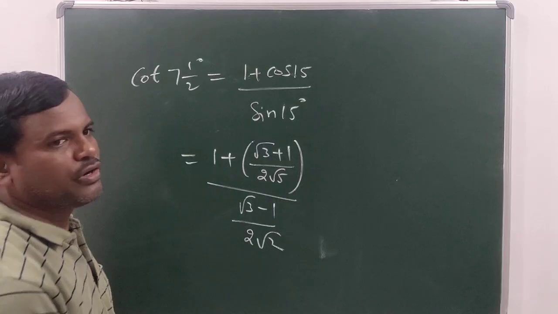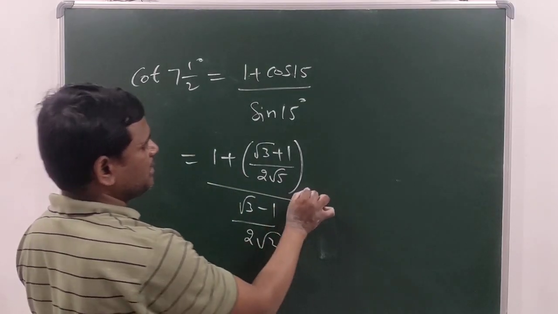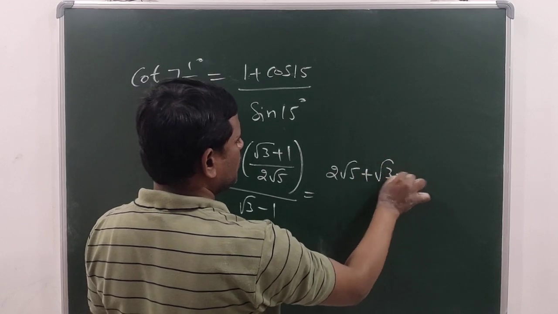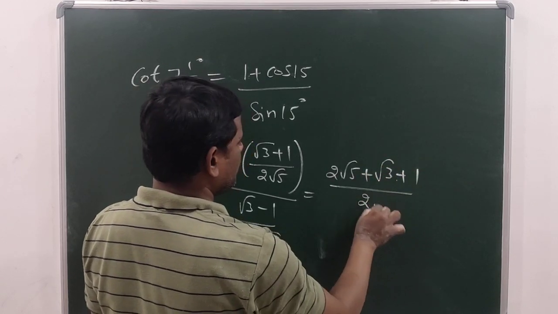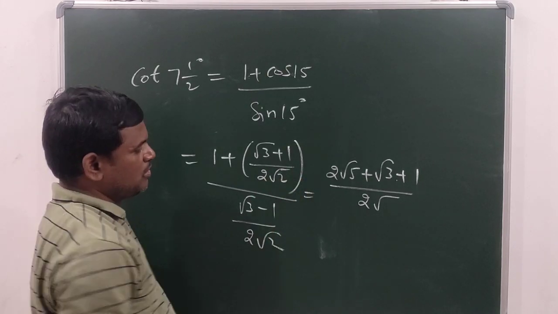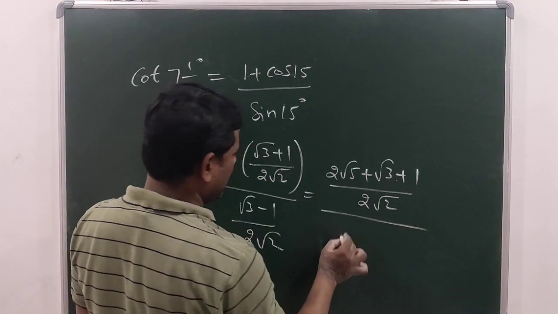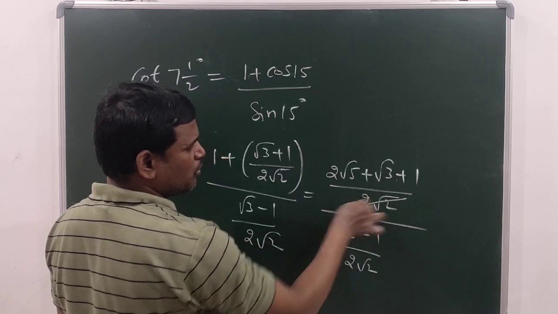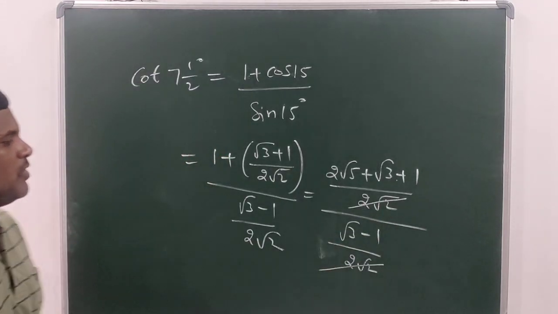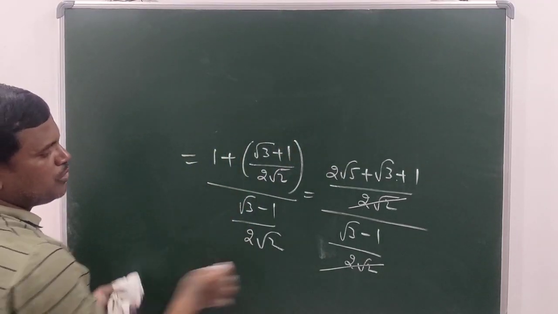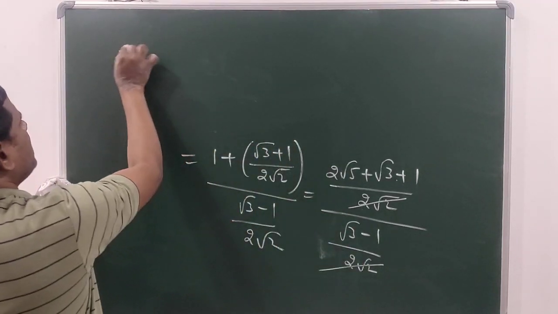Now, take cross multiplication. So 2 root 2 plus root 3 plus 1 by 2 root 2, whole by root 3 minus 1 by 2 root 2. 2 root 2 cancels. In the next step I am going to rationalize the denominator.